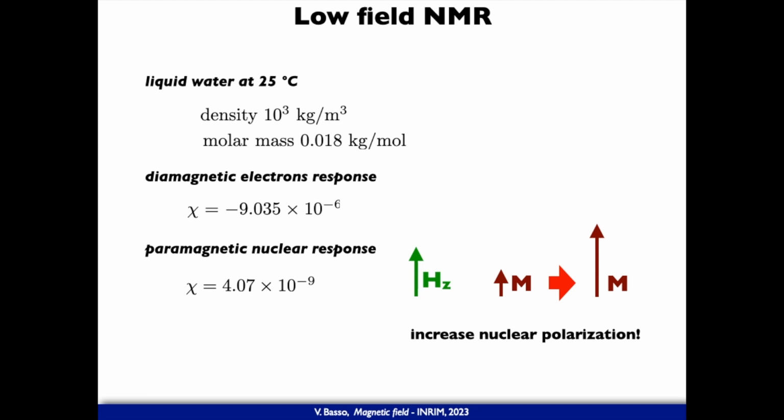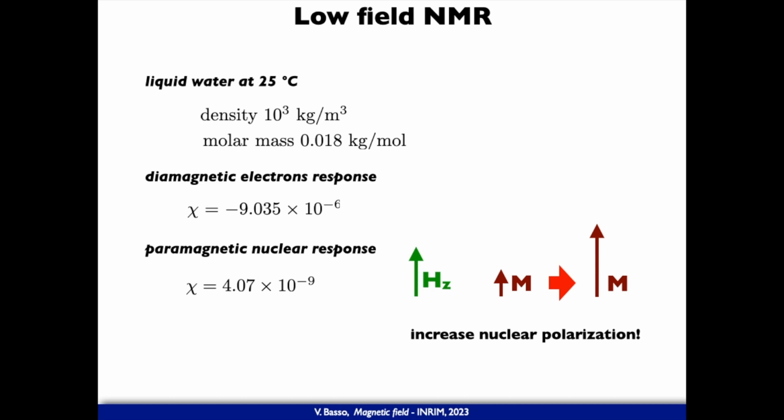What to say about the NMR? Well, essentially that it is an incredibly small effect. If you take water, essentially water is a diamagnet, and not a strong diamagnet, by the way. If we look at the nuclear response, we see that it's 3 orders of magnitude smaller.